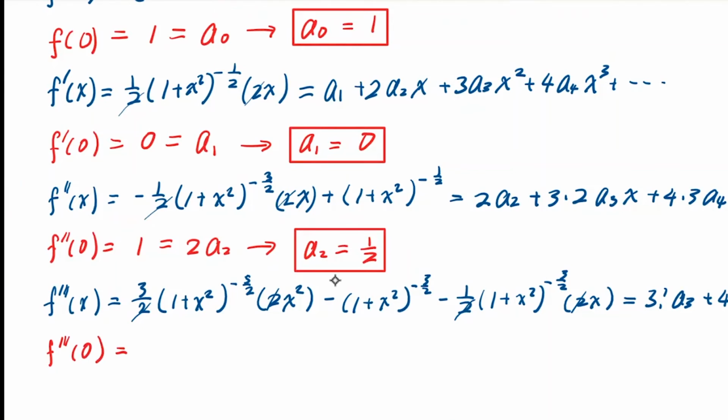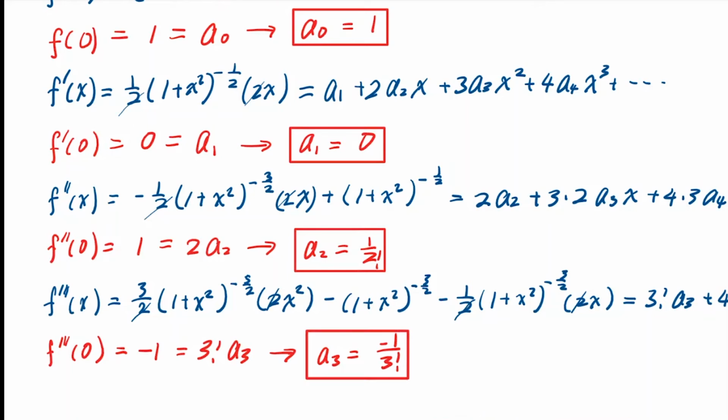So this whole thing dies, and that thing dies, so we have negative 1 is equal to 3 factorial a3. So that tells you a3 is equal to negative 1 over 3 factorial. So that must have been 2 factorial earlier. Good.